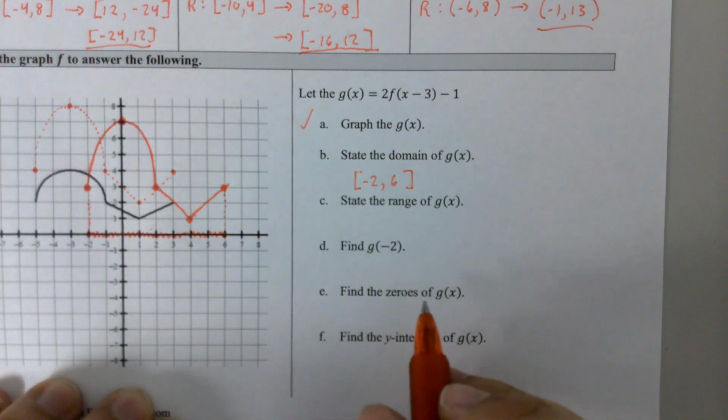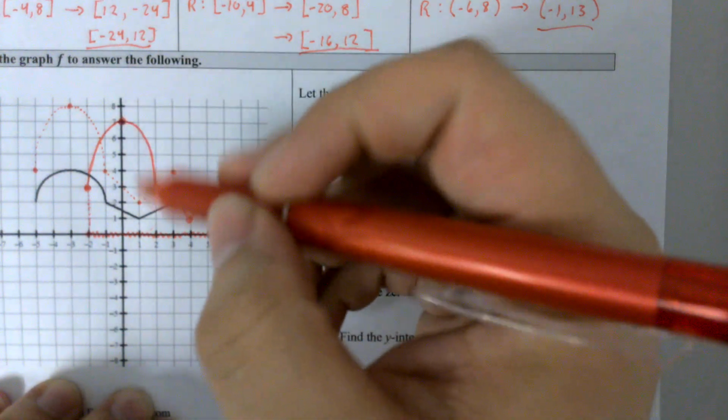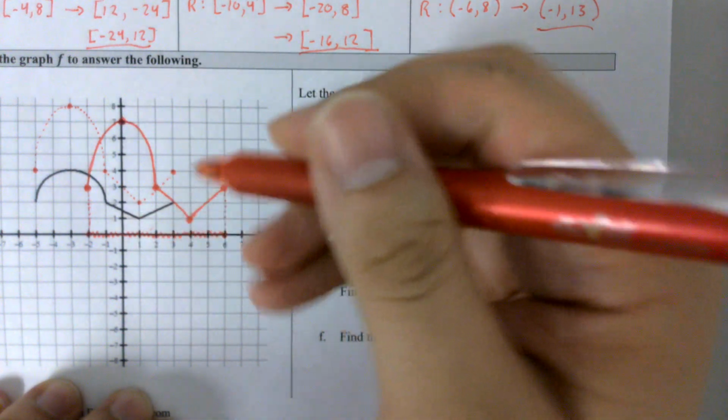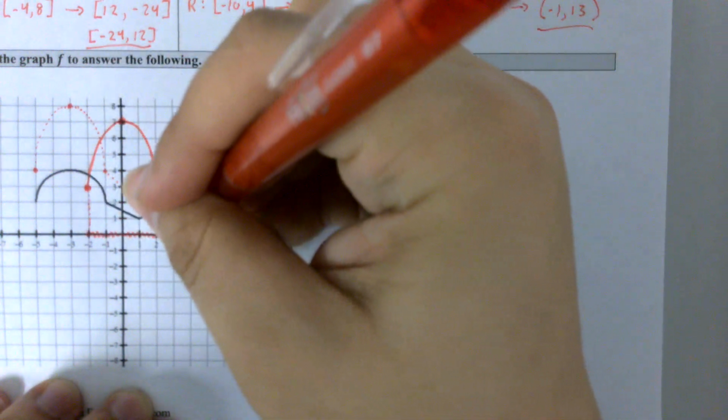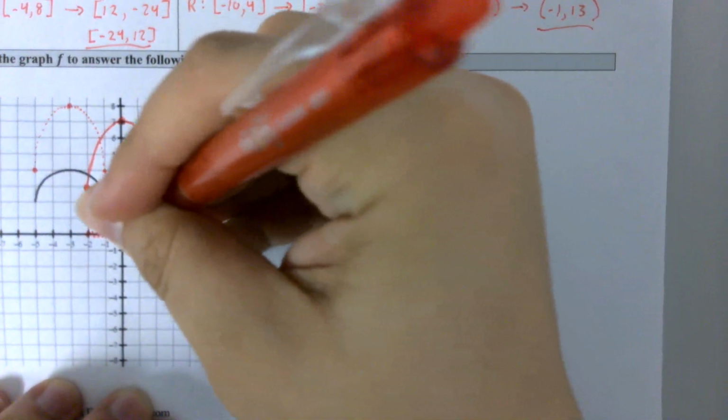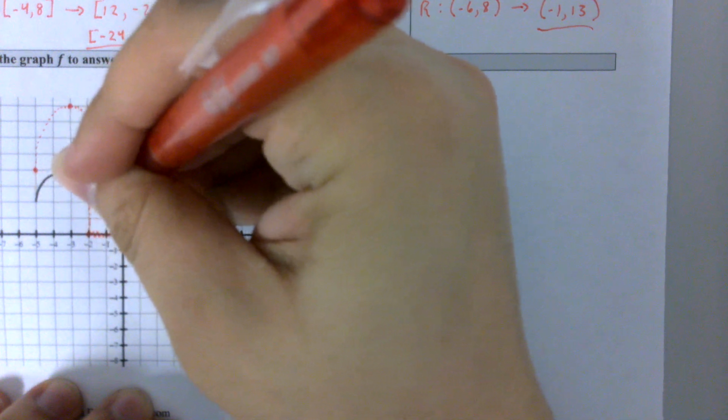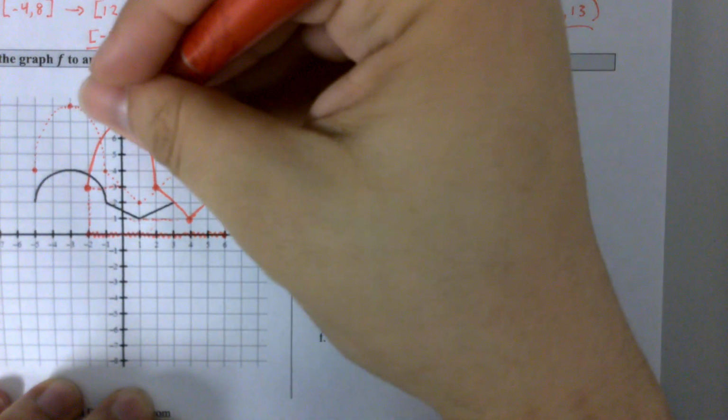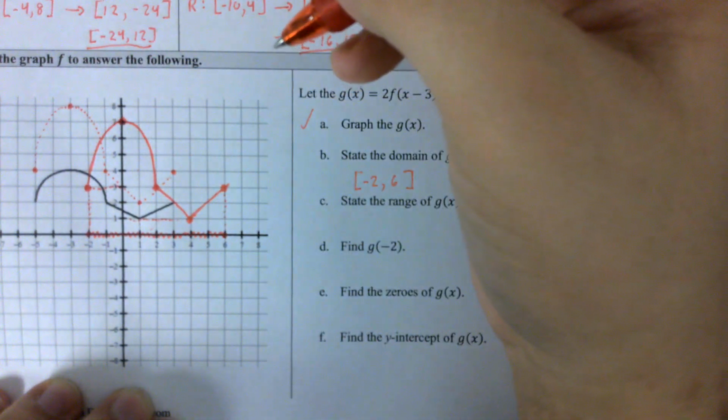Now what about the range? Again, we're going to project this function instead of onto the x-axis, onto the y-axis. So this point would come over here, this point would go over here, this point would stay where it is because it's already on the y-axis.